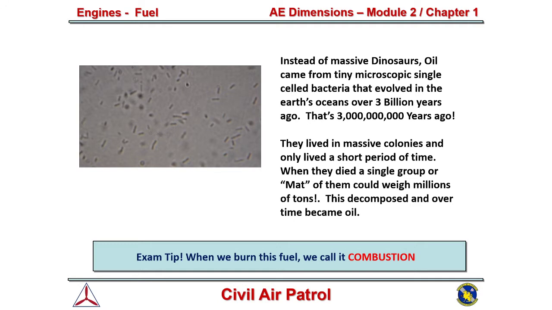That meant you had constant growth of what they call dead mats. These dead mats could weigh millions of tons, significantly more than what the dinosaurs would have weighed. And these actually decomposed over time and became oil. We're talking about a long time ago, 3 billion, with a B, years. There's a lot of zeros there.